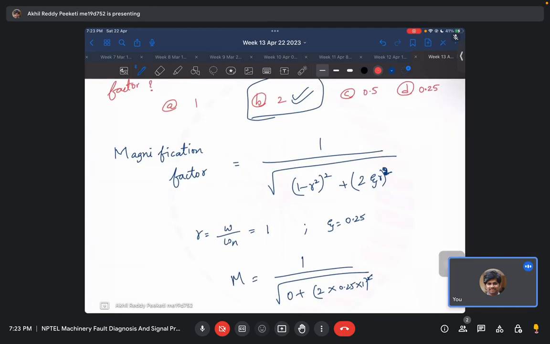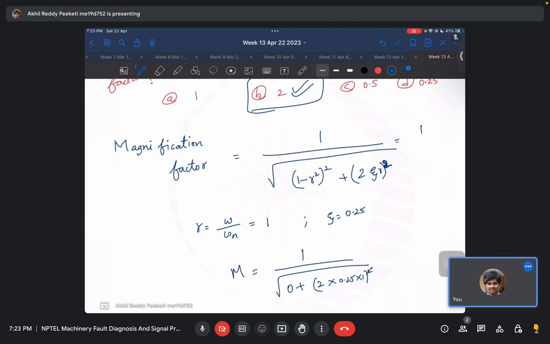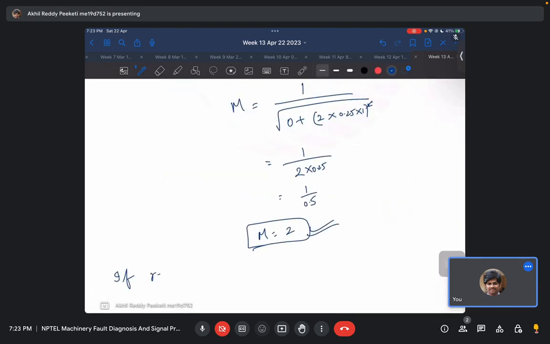At resonance we can directly write this as 1 by 2 zeta, since r is 1. Just 1 by 2 into the damping factor will give you the magnification factor.